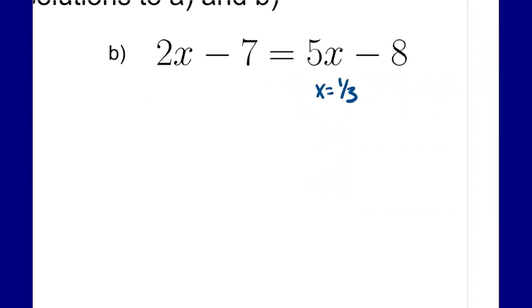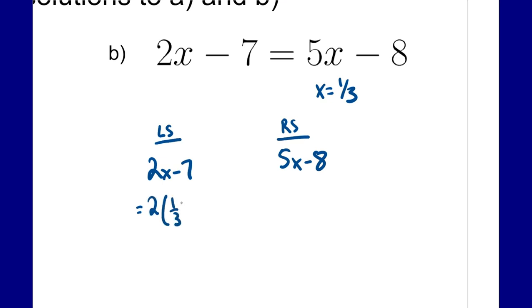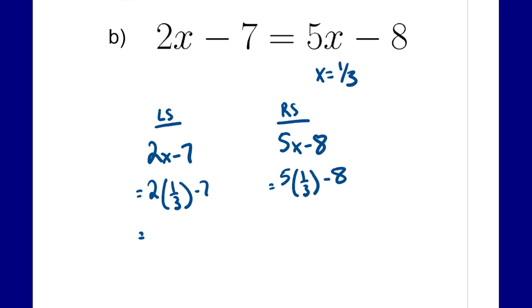For B, same idea. Left side, 2x minus 7. Move this down a bit. Right side, 5x minus 8. I'm going to plug 1/3 in for x, so 2 times 1/3 minus 7, 5 times 1/3 minus 8. We have 2 over 3 minus 7.